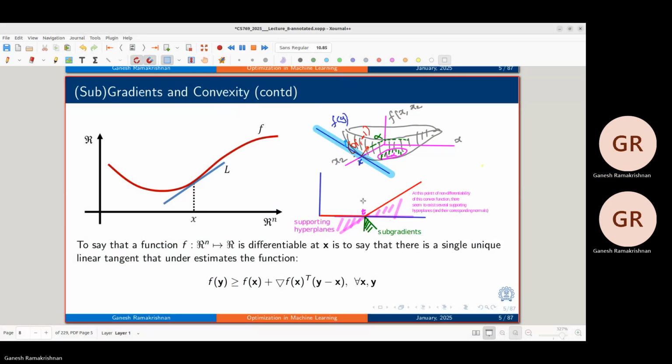This is for this epigraph of the function. As I said, the convex function is convex, epigraph is a convex set. So I'm talking about its supporting hyperplanes here. So do you see that you have now come up with a range of support, a set of supporting hyperplanes?